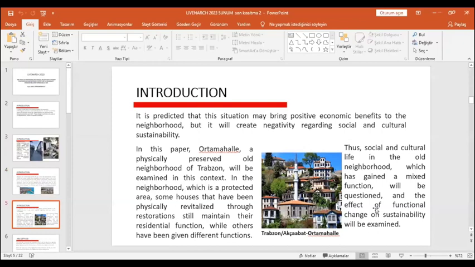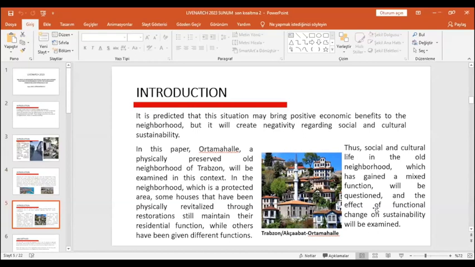In this paper, Ortamahalle, a physically preserved old neighborhood of Trabzon, will be examined in this context. In the neighborhood, which is a protected area, some houses that have been physically revitalized through restoration still maintain their residential function, while others have been given different functions.